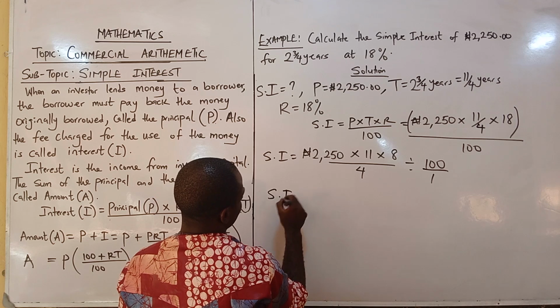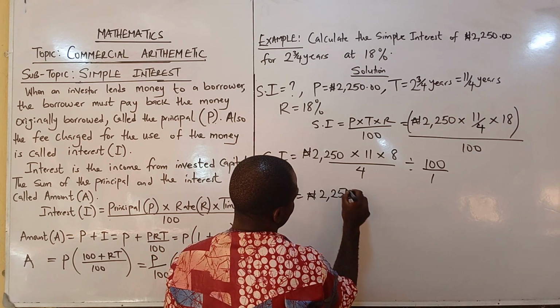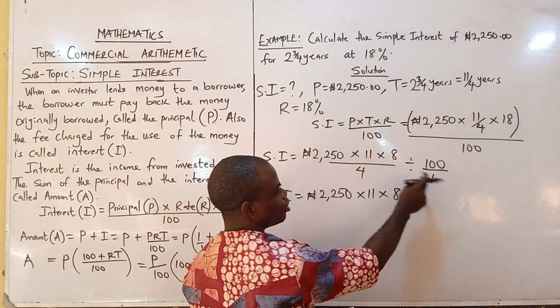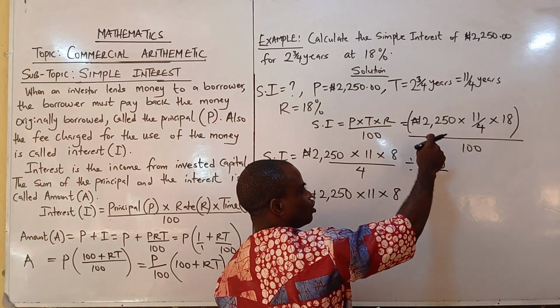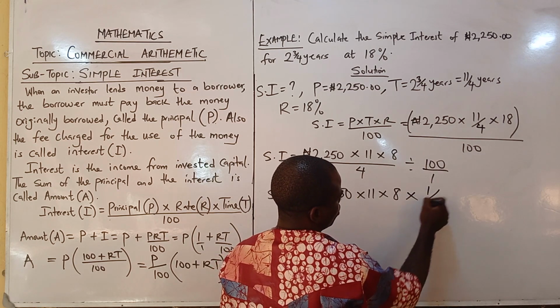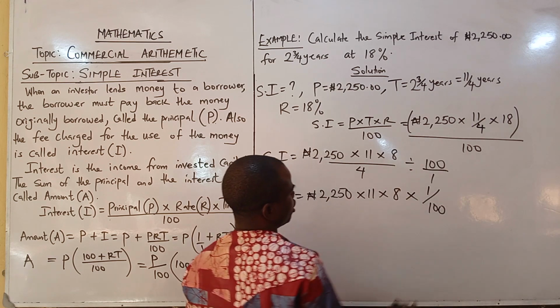Simple interest will now be 2,250 times 11 times 18. When you are changing division to multiplication, the denominator will go to the numerator, the numerator will come to the denominator, and you change it to times. 100 over 1 becomes 1 over 100. 1 will go up, 100 will come down.